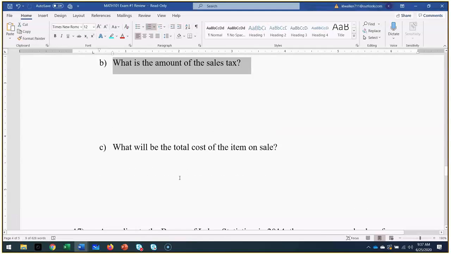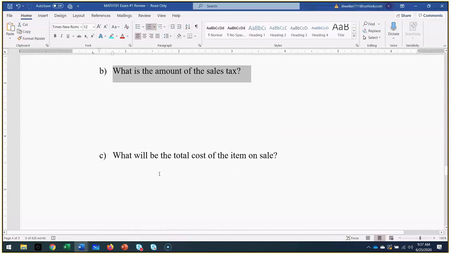So then last part, Part C, is what is the total cost of the item on sale? So we know what it costs after the discount, and we know how much tax we're going to pay.